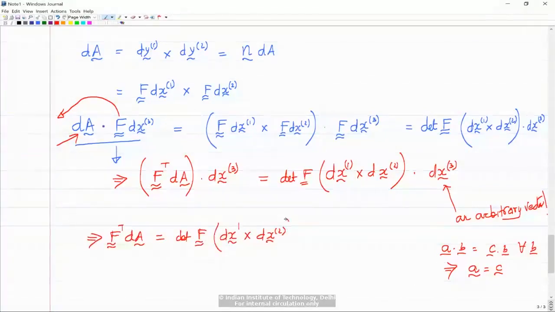Okay, but then this thing inside the bracket is the original area. So that means, let's go one by one, F transpose dA is equal to det F into dA naught.